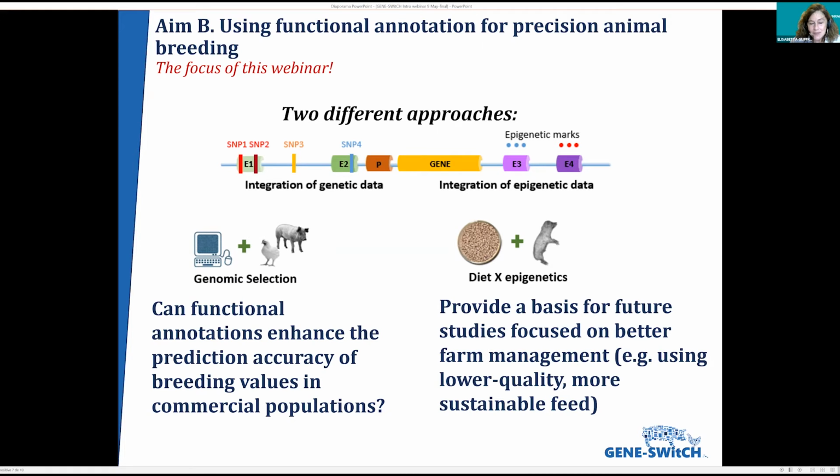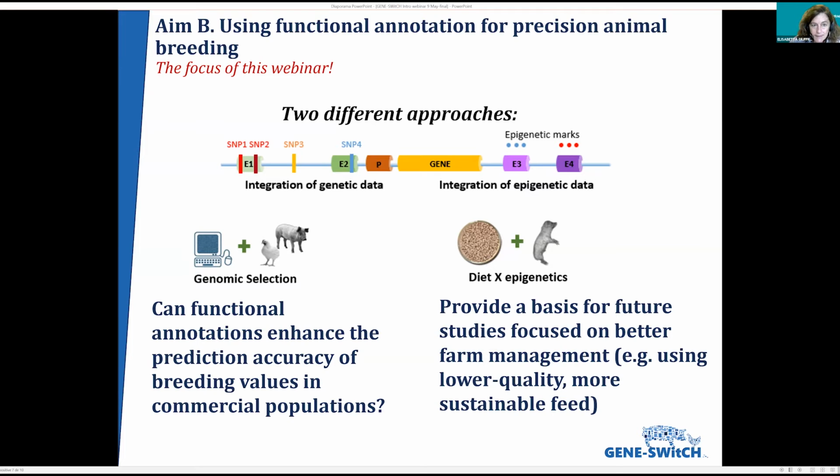So we go to aim B, and here I just restrict my words to the main questions or contents, because this is the focus of this webinar and will be illustrated by my colleagues. So here for this aim of precision animal breeding, we had in mind 2 different approaches. One is the integration of genetic data. The other one is the integration of epigenetic data, which is more explorative.